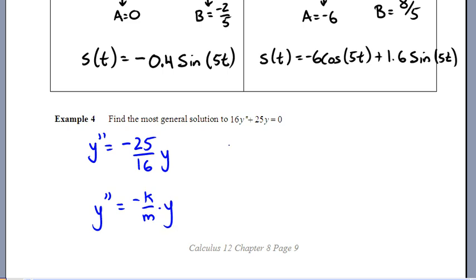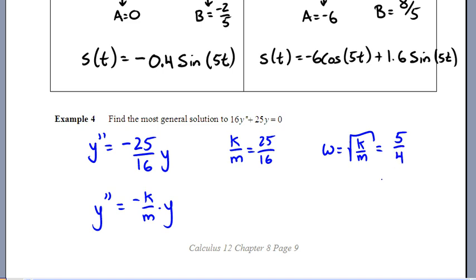So it looks to me like k over m is going to be 25 on top of 16. Maybe the spring constant was 25 and the mass was 16, right? That could be possible. The omega is going to be the square root of that. So if I square root that, I'm going to end up with 5/4.